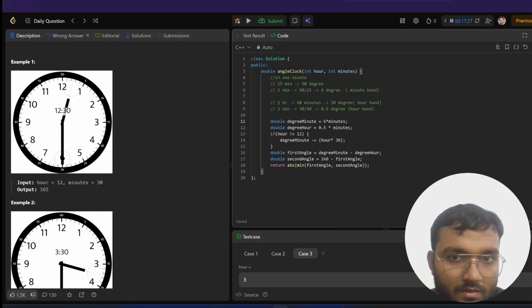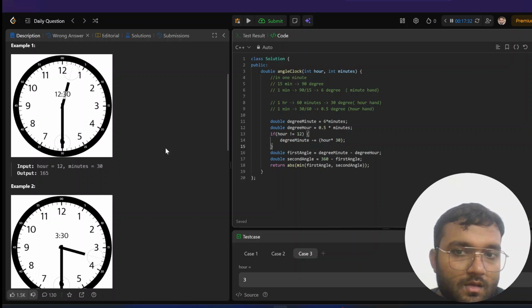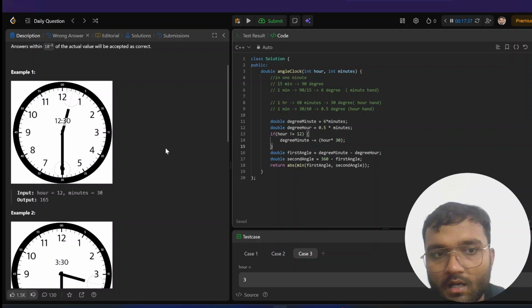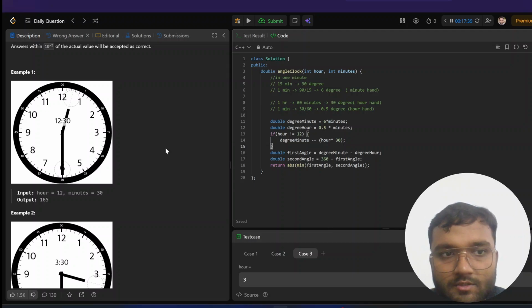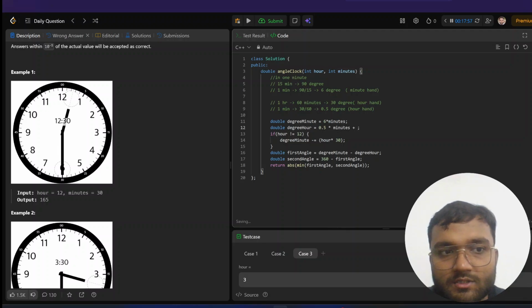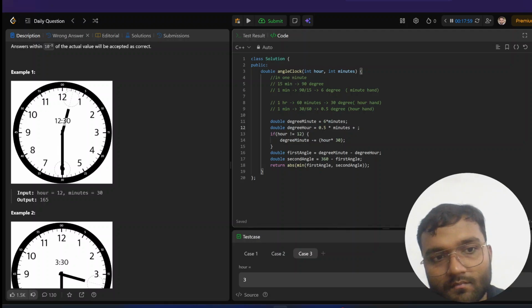But there is some problem in degree hour, I think, because in degree hour I need to calculate from 12. So first, this will give the degree in minutes, how much it moves. But there is an additional plus also, how much it moves from the 12. Suppose the hour is given as 3.